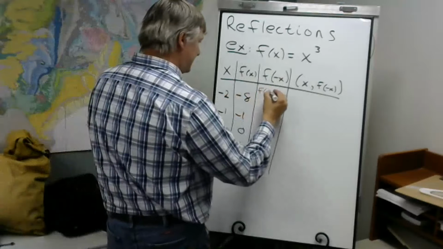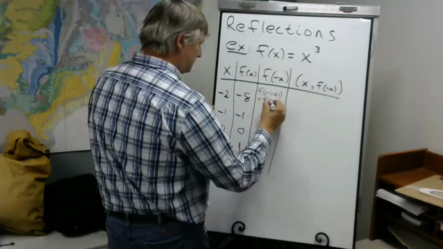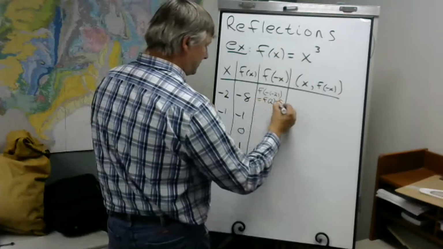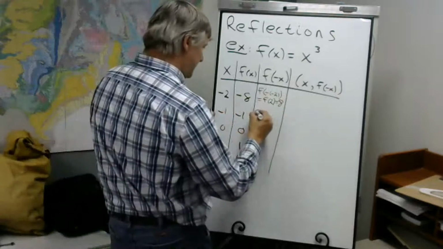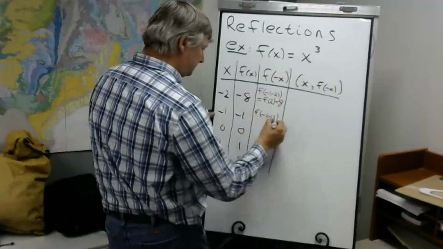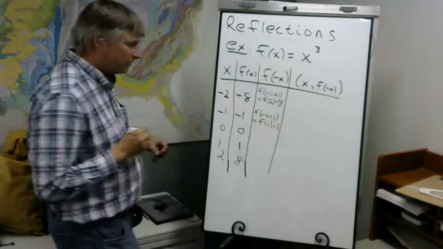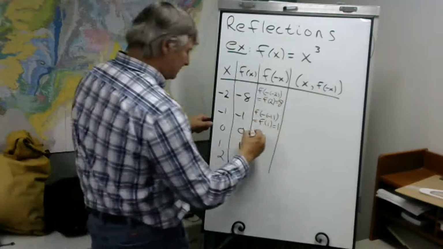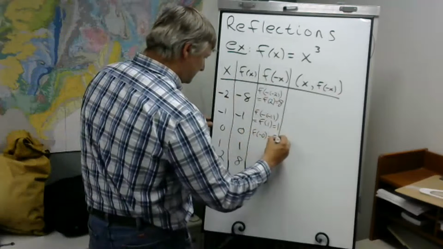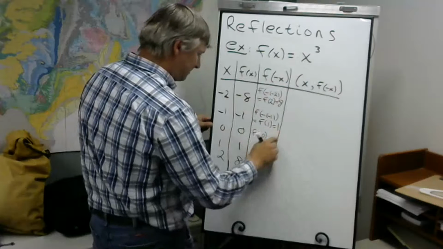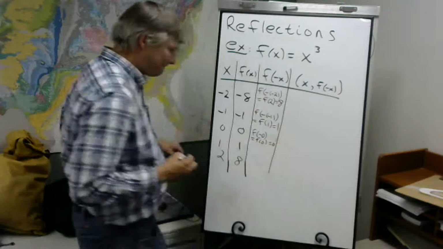So f of minus -2, which will be f of 2, which equals 8. Here we have f of -1, which is f of 1, or +1. f of -0, f of 0, which is 0.